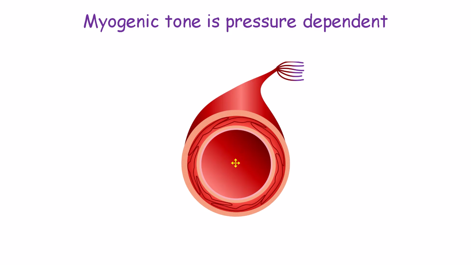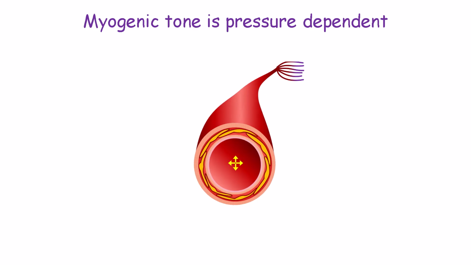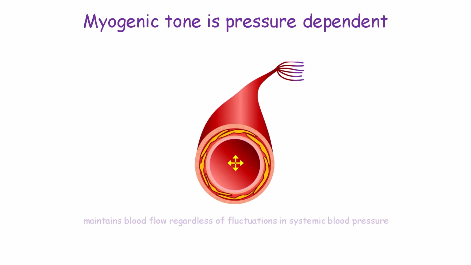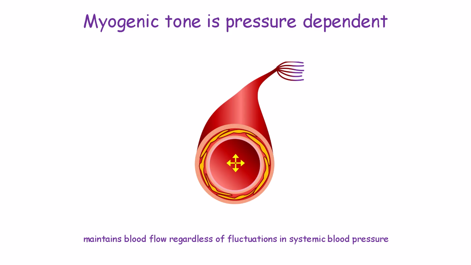The increased force on the artery wall stretches the smooth muscle cells, and they respond by contracting. So the artery constricts. Its purpose is to maintain blood flow in tissues at a relatively constant level, regardless of fluctuations in systemic blood pressure.